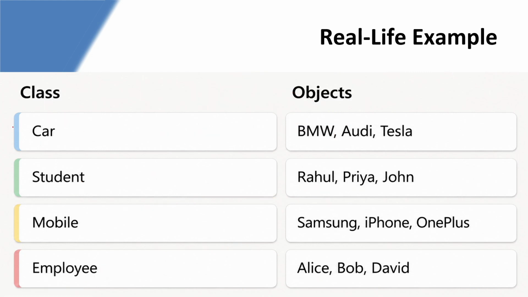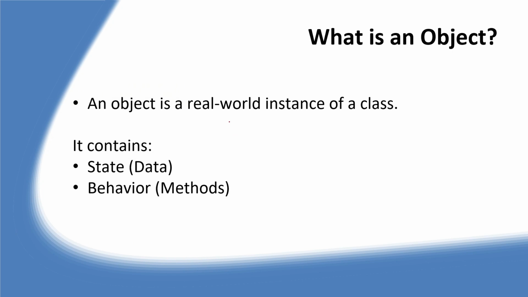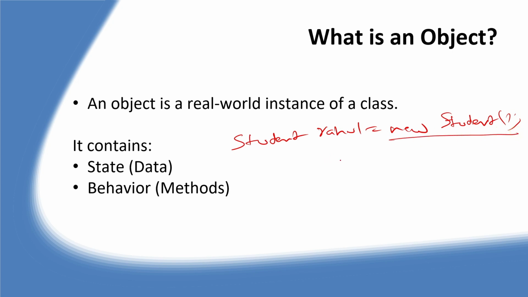So, student Rahul equals new student. Okay, so this new student is an object.